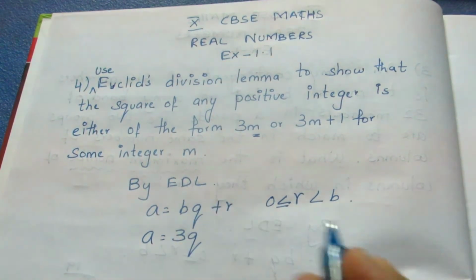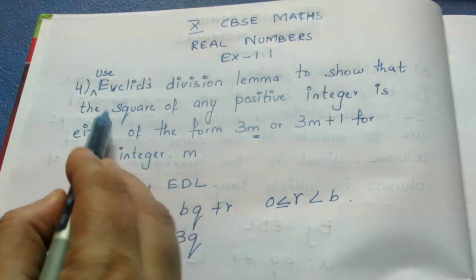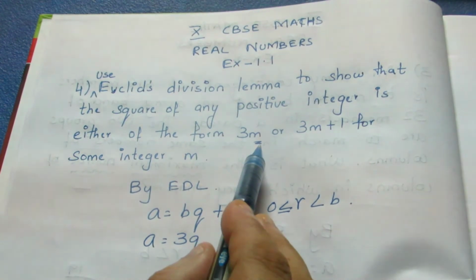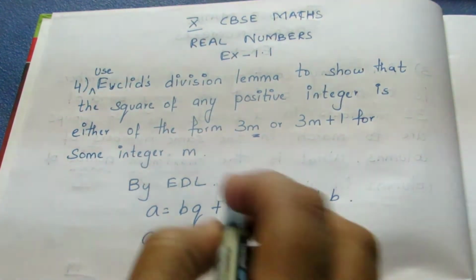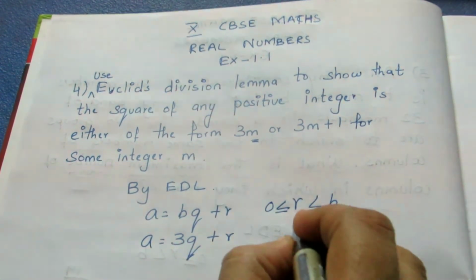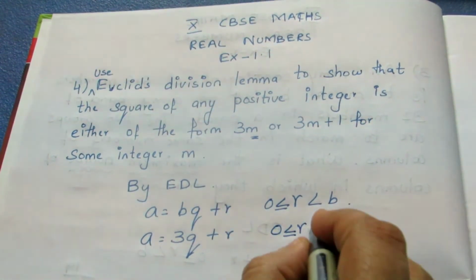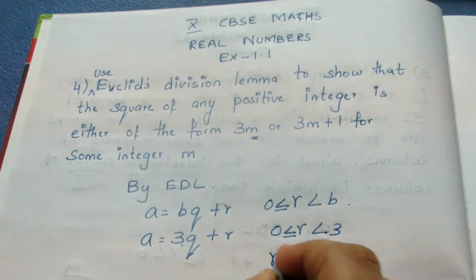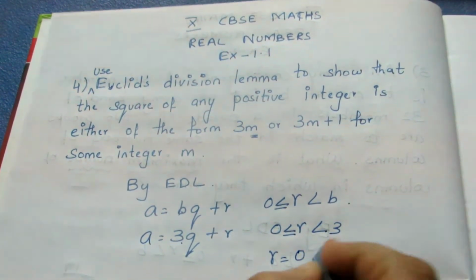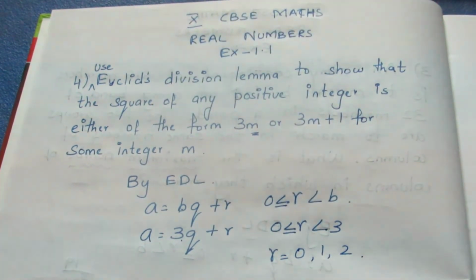Instead of m, take q. For square and cube, don't take the variable they have given, because we are going to square it. So my r will be greater than or equal to 0, less than b. Here b is 3. So what are the possible remainders? It can be 0, it can be 1, or it can be 2.